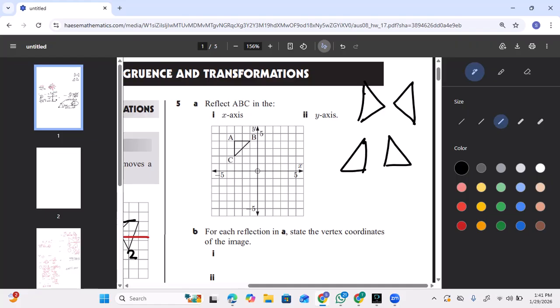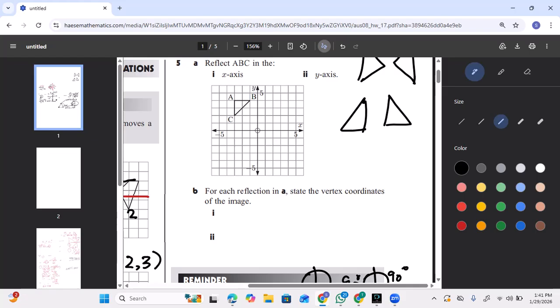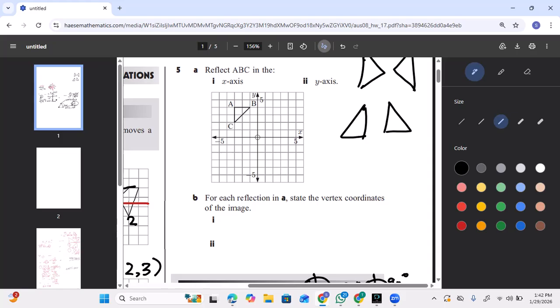So if we have this image now, and we are asked to reflect it in the x-axis and in the y-axis, firstly you have to look into the types and the numbers. So it is 1, 2, 3, 4, and 5.